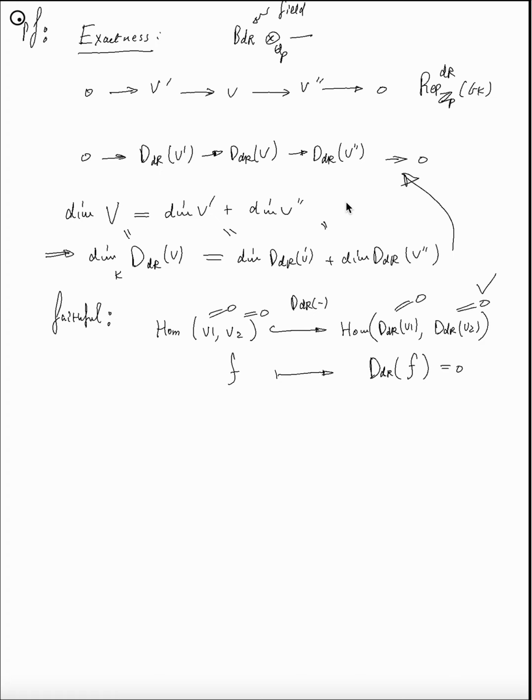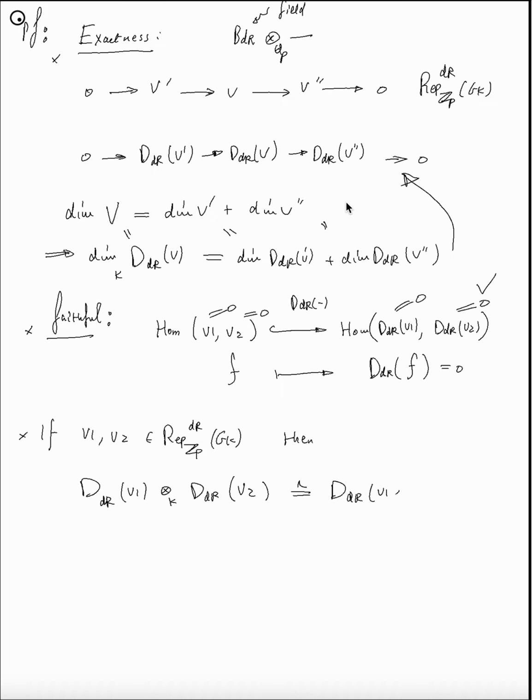Now lastly, let's check that if we have V1, V2 de Rham representations, then we have to check that the natural map is an isomorphism in the category of filtered K vector spaces.